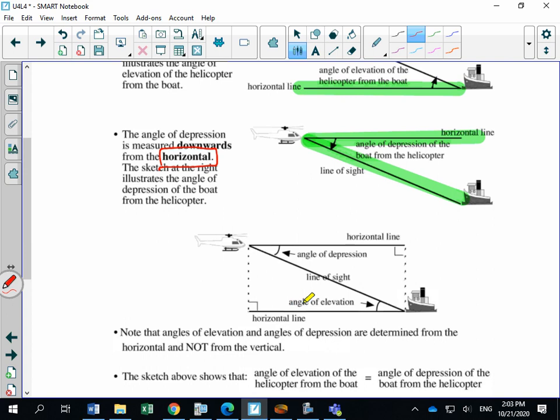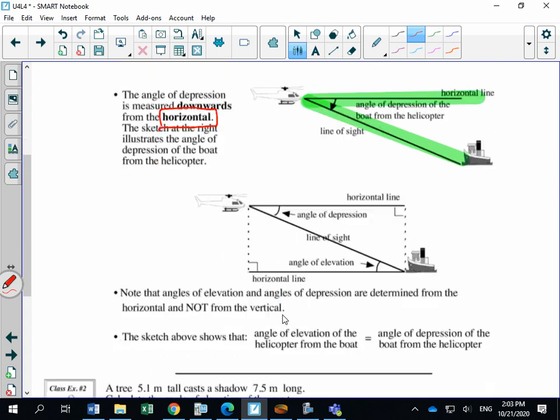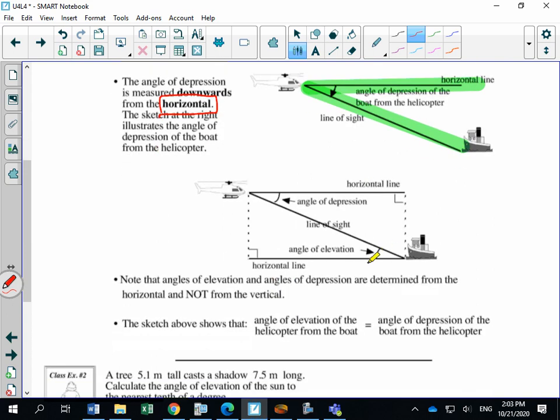So it labels it for us, right here. The mistake that students make on a test is they like saying this is 30 degrees. But here's the thing. It always has to be measured from the horizontal. That is not a horizontal line. That's a vertical line.